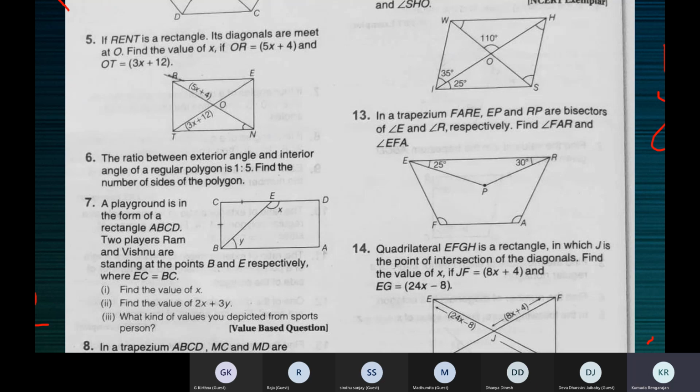Do we know that? Yes, ma'am. In an isosceles triangle, the angles opposite to the equal sides are equal.